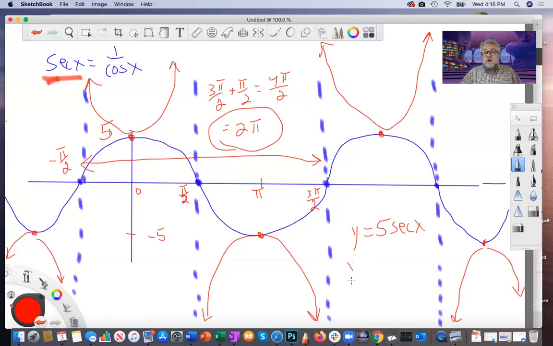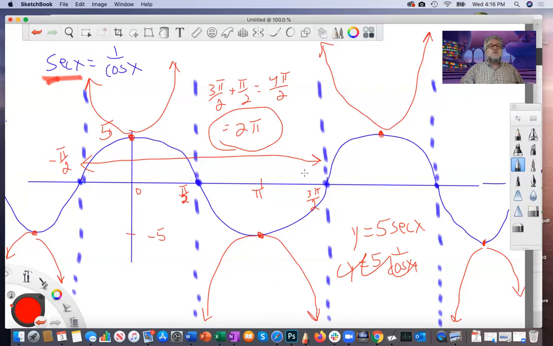Because this would be y equals 5 times 1 over cosine x, right? Anyways, so it would go up to 5 and negative 5. But anyways, so this is secant. So we got secant, cosecant, tangent, cotangent, sine, and cosine graphs. Man, this is fun. So anything else on here?